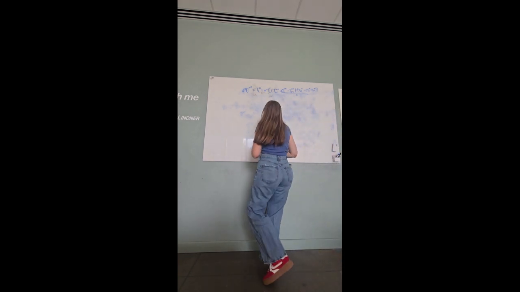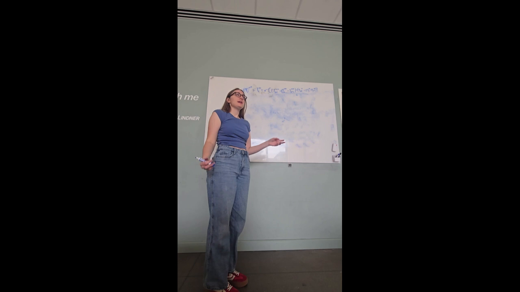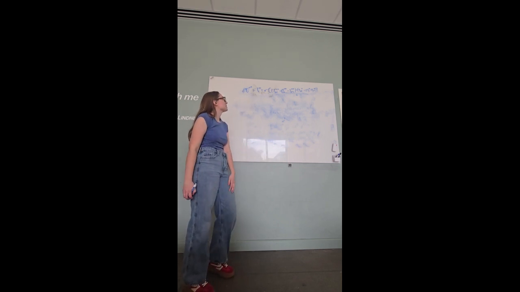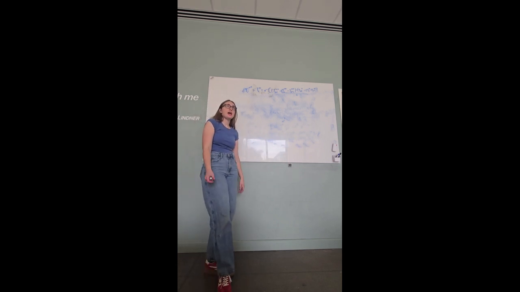So after we have this, we're going to want to split it up, so one side is going to be our TJ n plus 1, and the other side is going to be our TJ n.